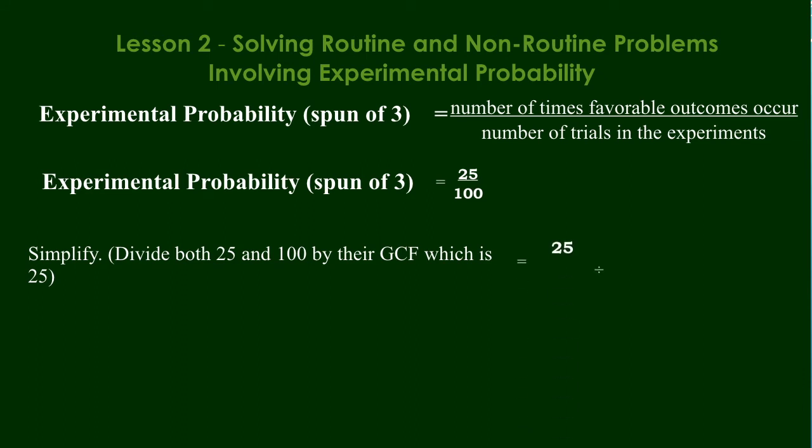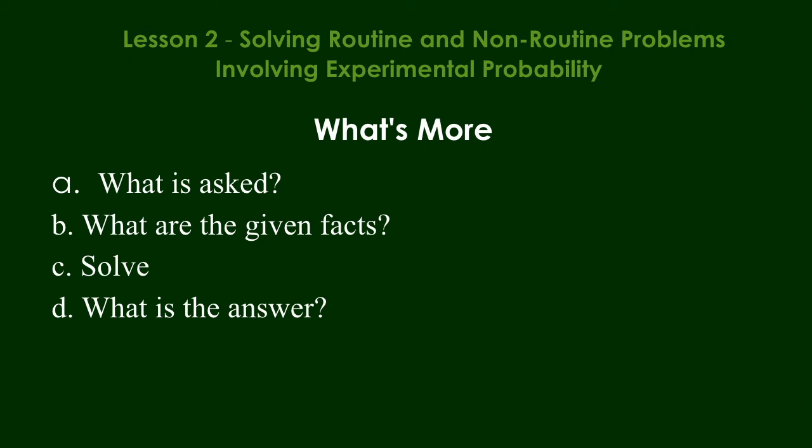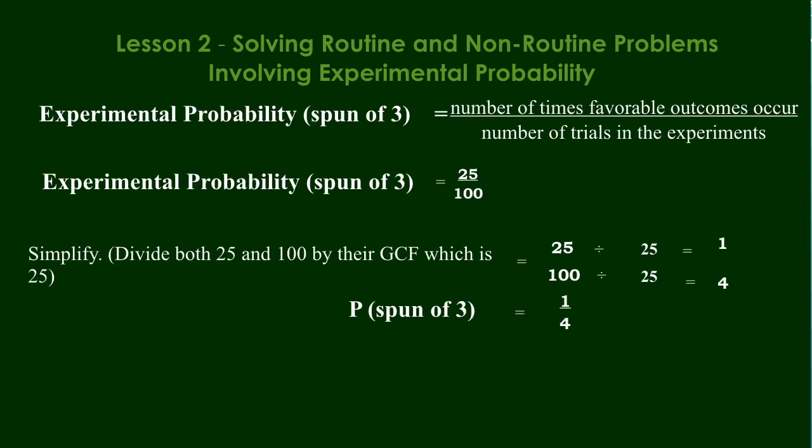So 25 divided by 25 is equal to 1. 100 divided by 25 is equal to 4. So P(spun 3) is equal to 1 over 4. What is the answer again? For letter D, the answer is the probability that 3 will be spun is 1 over 4.